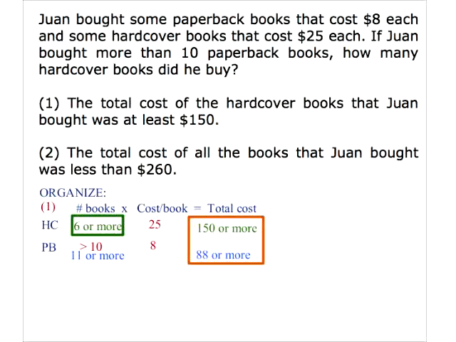So these need to be less than 260. How can we do this? How can we investigate? Chat box. What are we going to have to do?